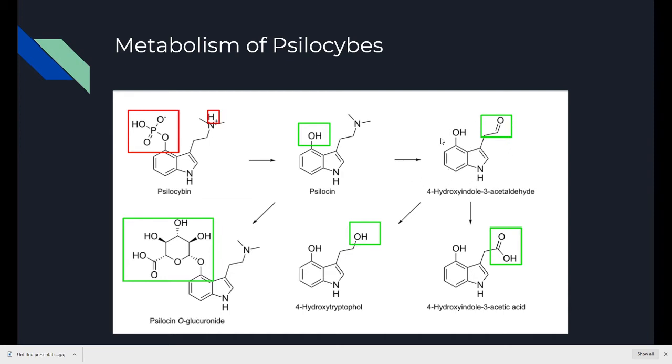It's a small molecule, and it's going to go through the metabolism pathway by being made into what we call an acetaldehyde, and then into another. We're going to add another hydroxyl group over here, and then this, or the psilocin directly, is going to get that group added to it so that it's water soluble and can be excreted in the urine. So if you've used psilocybes within a day or so, it's going to be in your urine and you can be tested for it. So it's good to know.